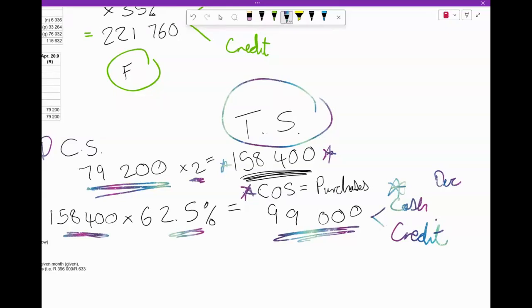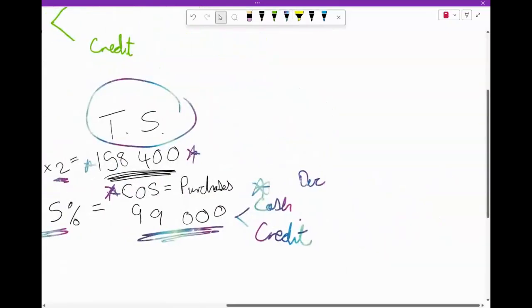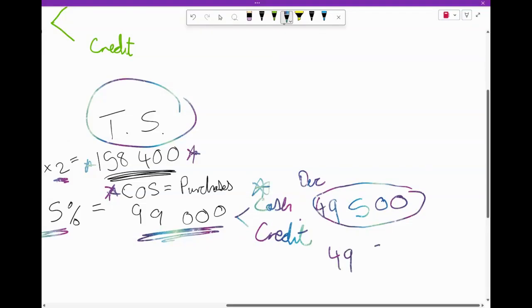It's 50% of 99, so 49,500 cash was spent on purchases in December, and 49,500 of purchases was on credit, which will only be paid in January, the following month.